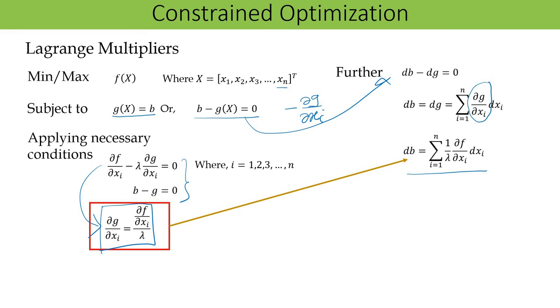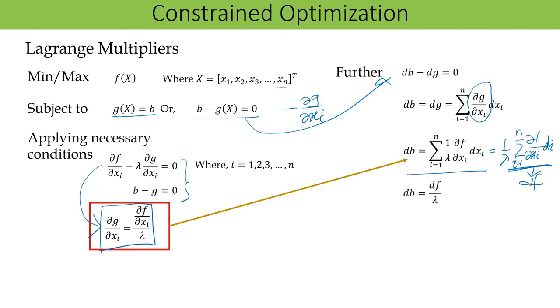If I take lambda out, I get the summation of del f by del xi dxi, i equal to 1 to n. So this is your df.